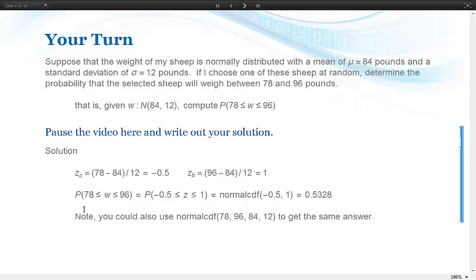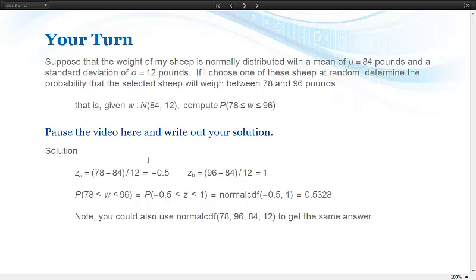So I can find the probability that the weight falls in this range by finding the probability that z falls between minus 0.5 and 1. I get that with NormalCDF, minus 0.5 comma 1, and enter. You should have gotten an answer of 0.5328.